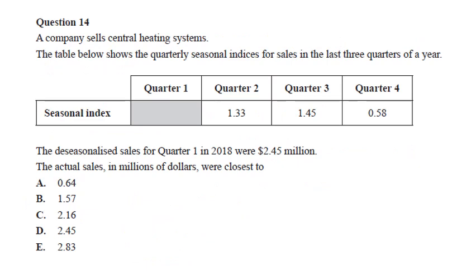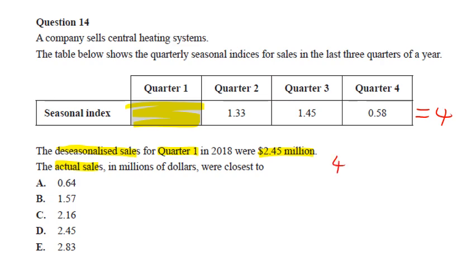Okay, so we need to find actual sales, and they're giving us deseasonalized sales for Q1 of 2.45 million. Obviously, we're going to be doing something here. Now, seasonal indices, you just add up how many you have, and that tells you what your total should be. We've got 4 seasons. Seasonal data could be monthly and you have 12 months or something, but this one, we know the total is going to equal 4.